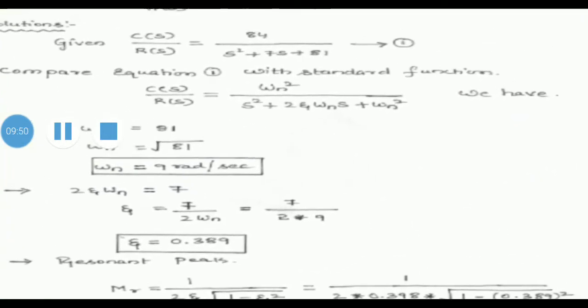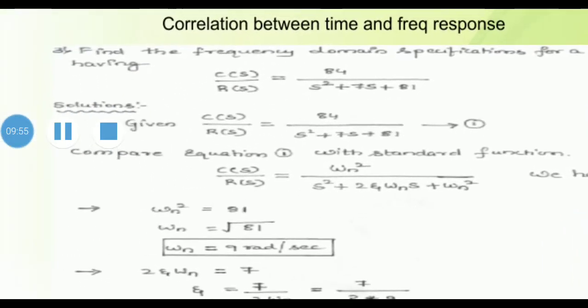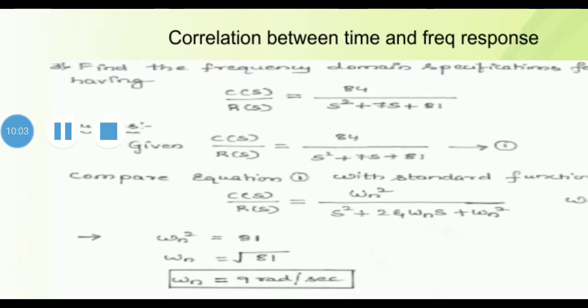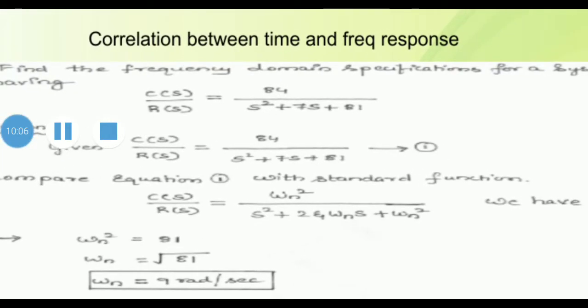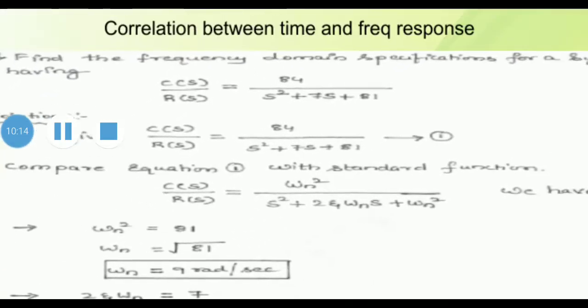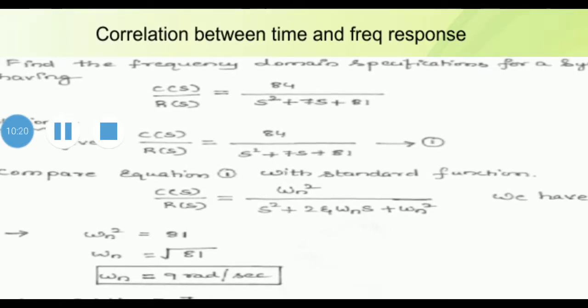Okay, the statement of the problem is: find the frequency domain specifications for a system having C(s) by R(s) equal to 84 divided by s square plus 7s plus 81.